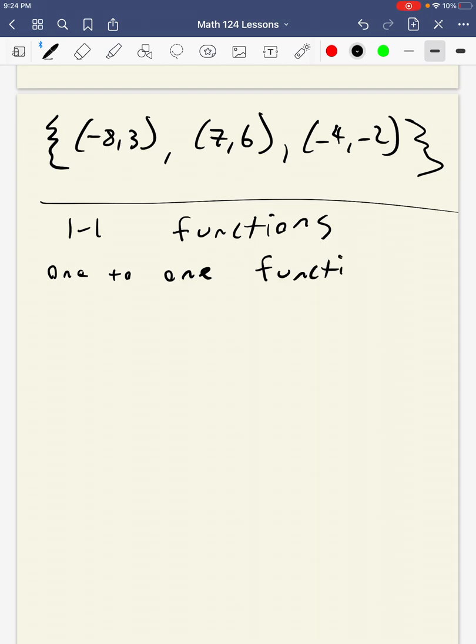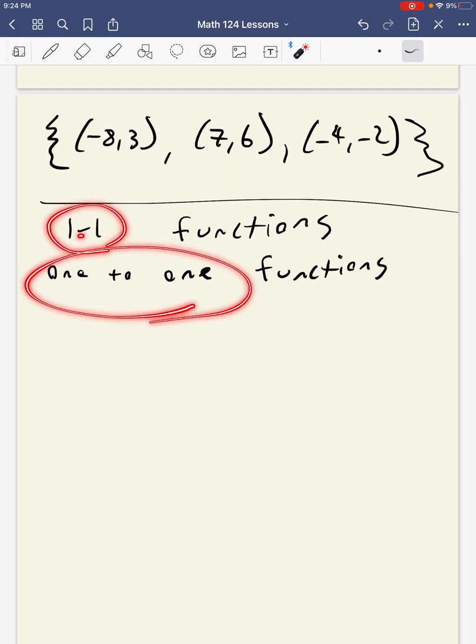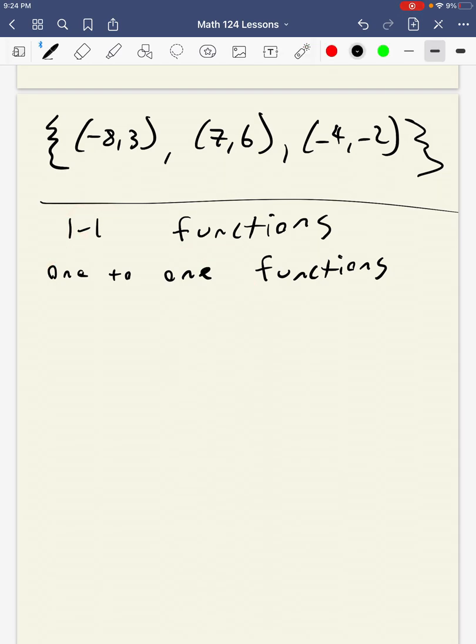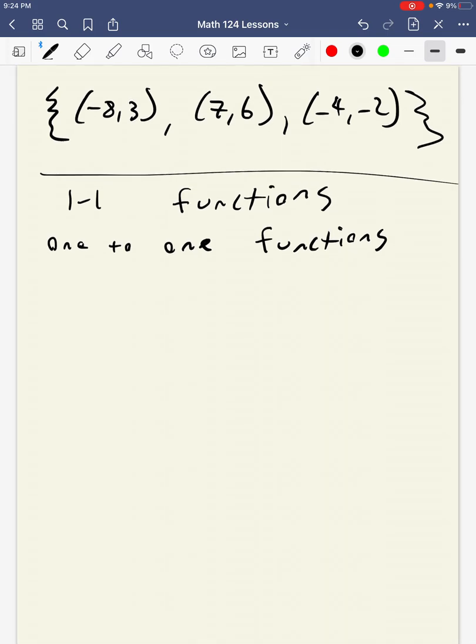A lot of mathematicians just write 1-1 as a shorthand for one-to-one. I'll give you the definition of it, but it's a little mathy. If you don't understand the definition, I will give you an easier way to interpret it.